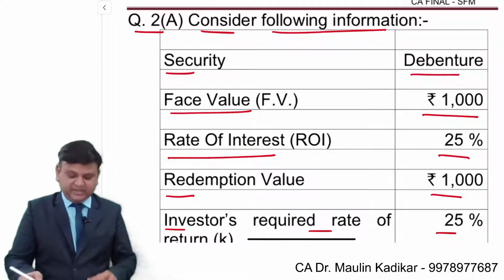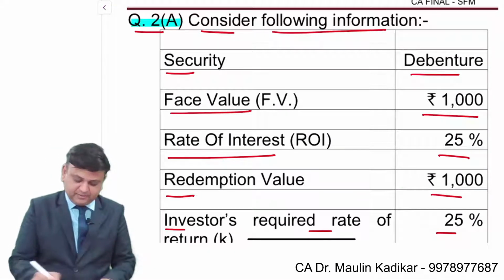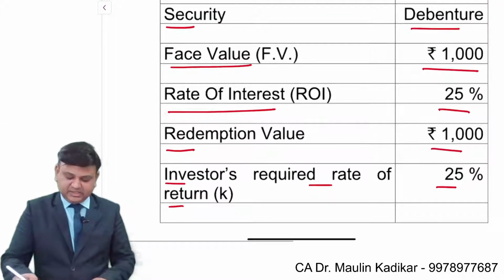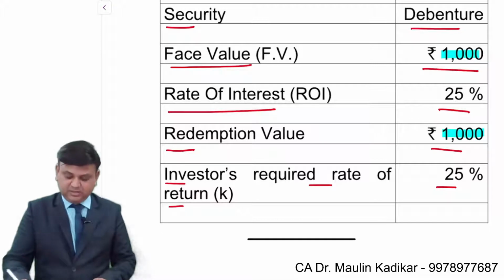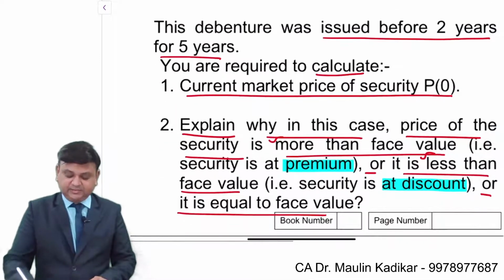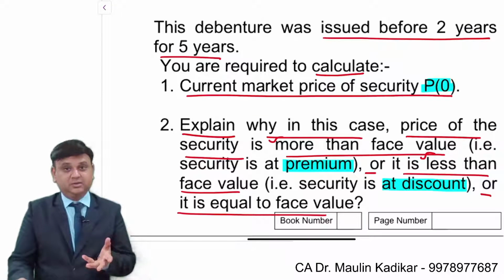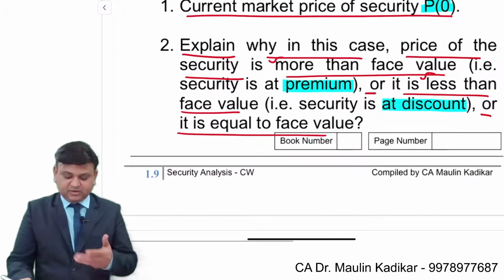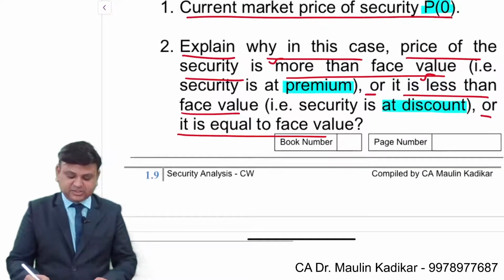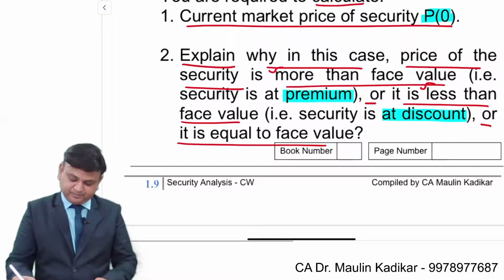See friends, we have done an earlier example, question number 2a, in which face value is 1000, redemption value is 1000, rate of interest and the required rate of return are same, then the price of the security is 1000. So here the question was that why the price of the security is at face value.